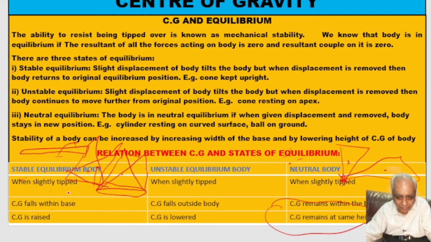As center of gravity has got lowered, now its stability has increased. If you give the tilt, it will not fall. That is why all the vessels, they are broader at the bottom. Cooking vessels, they are normally like this, they are broader at the bottom.